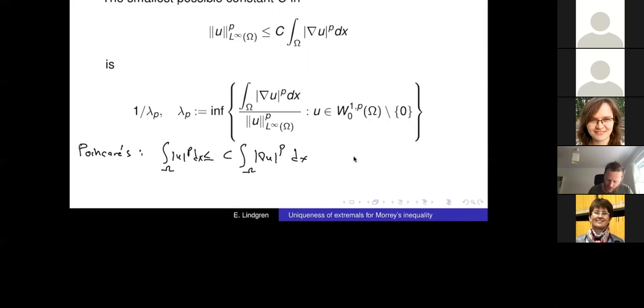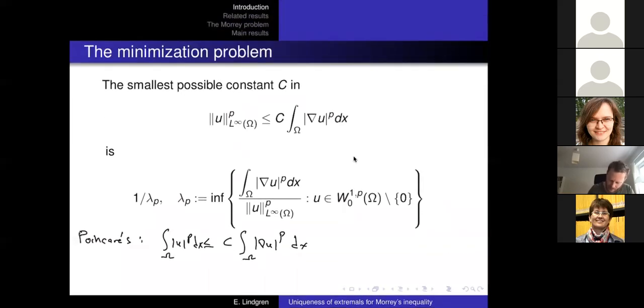And of course, you could put different L^p norms here. You could have an L^q norm here and an L^p norm here, given of course that there is an embedding into that L^q space. So you can look at this as a limiting quotient where you have an L^q norm here instead of the L infinity norm, and you send this exponent to infinity.